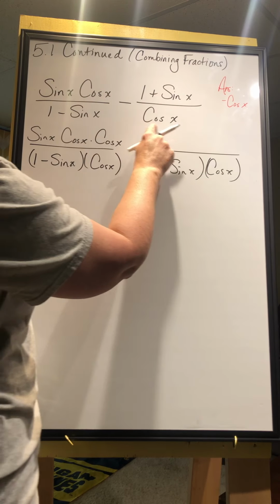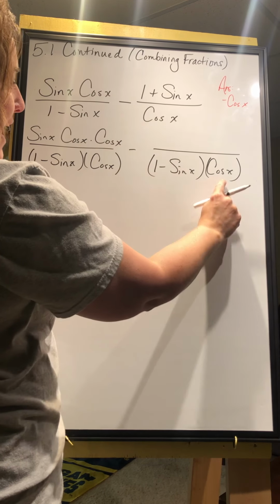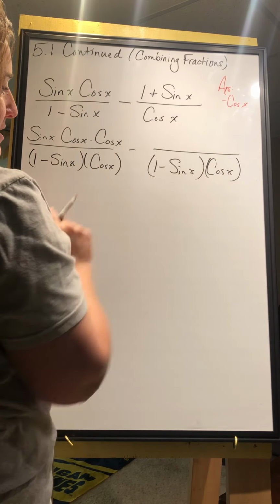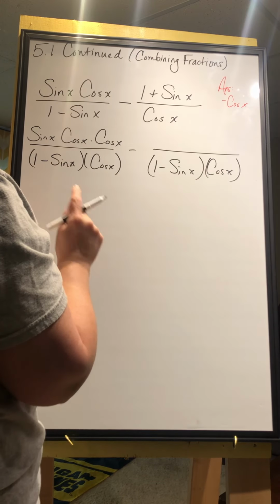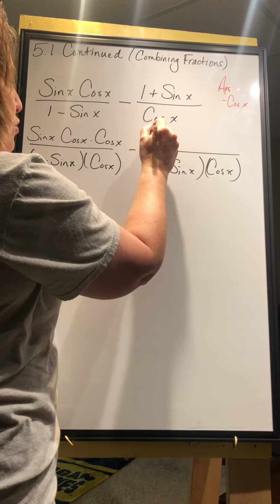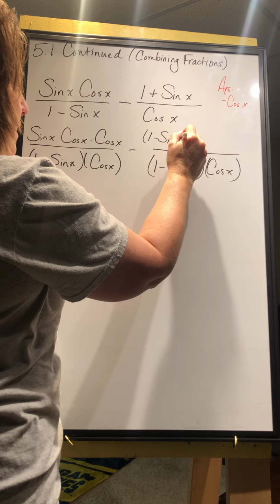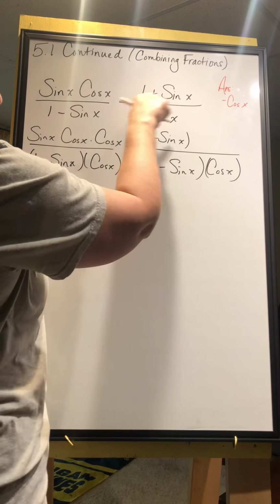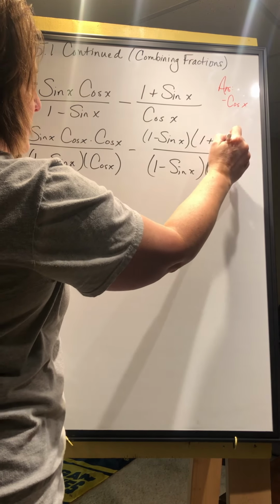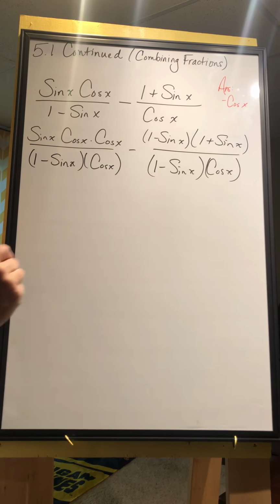Over here, the denominator had cosine x, but it didn't have this 1 minus sine x. So that means I need to multiply the numerator by 1 minus sine x, and I've already got 1 plus sine x in my numerator. So we've pretty well just made it even a bigger mess.